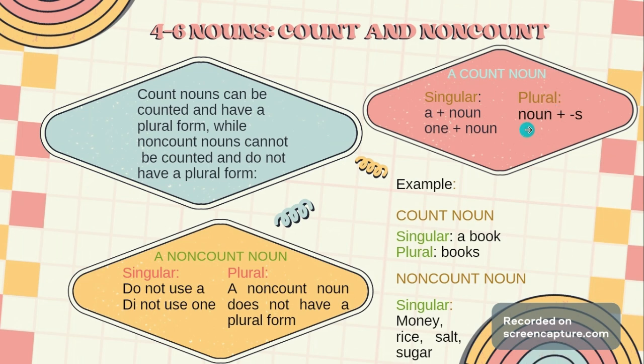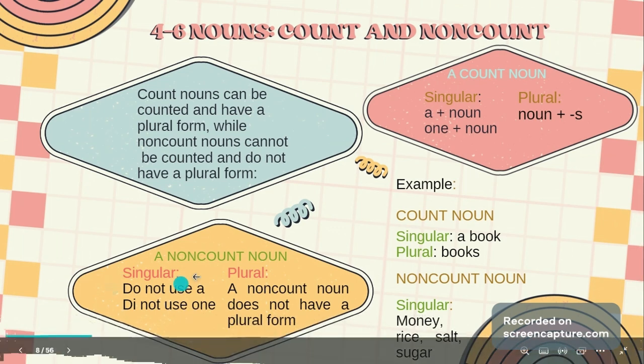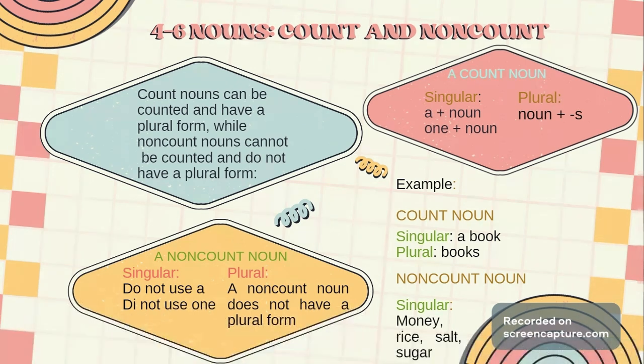The plural is noun plus s. And for a non-count noun, the singular does not use a because a indicates singular, and do not use one because one indicates singular count. And for plural, a non-count noun doesn't have a plural form.